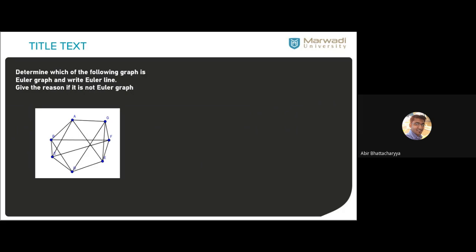Okay, for your information, I just made it broader. A, G, F, E, D, C, B. You can mark the edges as per your choice, E1, E2, E3. But you have to write down an Euler line if you are saying that it is a Euler graph.